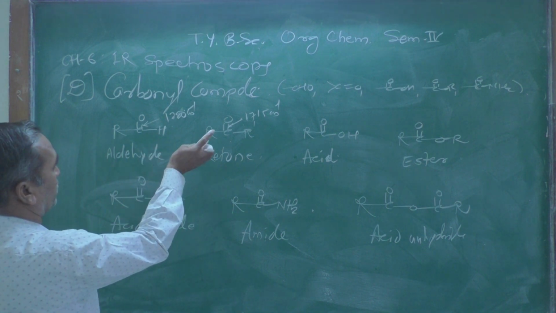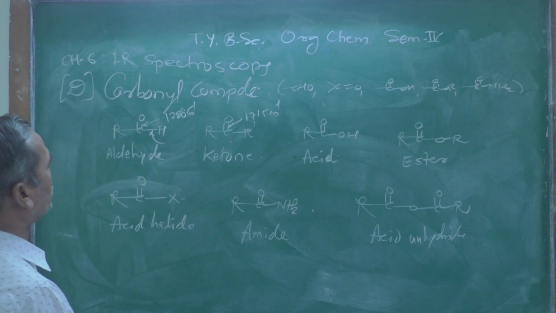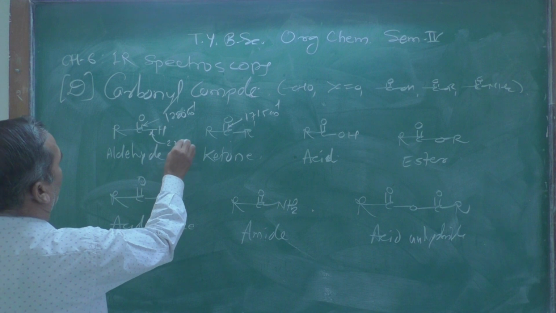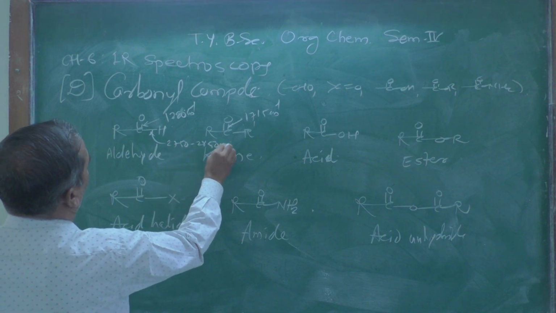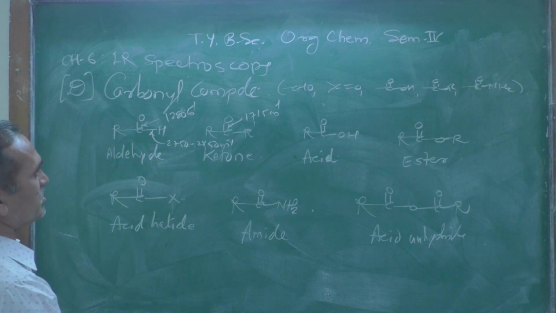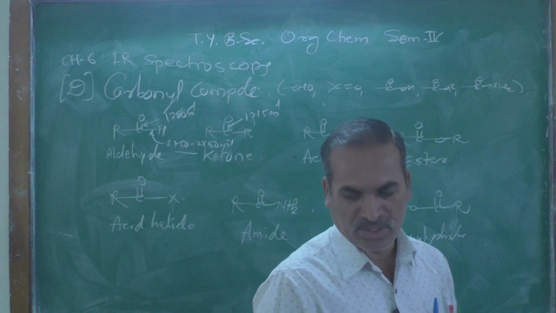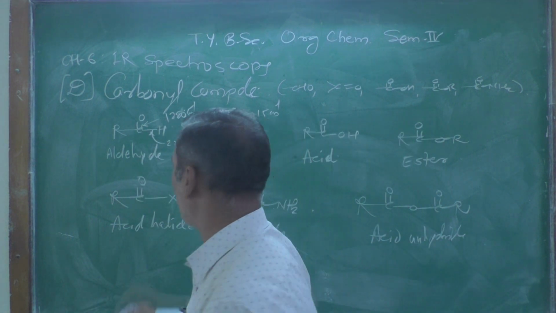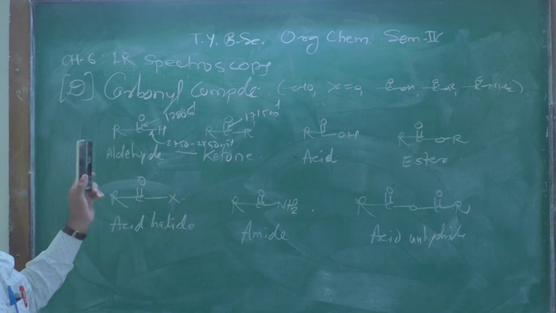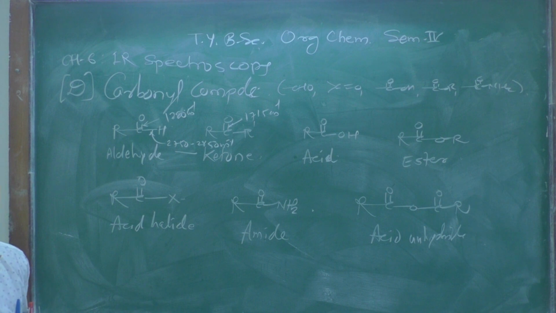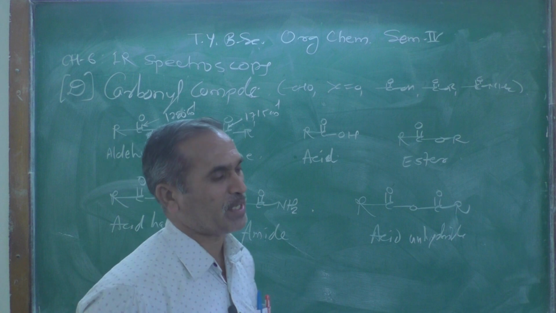But if there is an aldehyde here, in addition to this, aldehyde shows one peak around 2750 to 2850 per centimeter, an additional prominent peak observed in IR spectroscopy, and from that we can easily distinguish between aldehyde and ketone by observing the IR spectra.